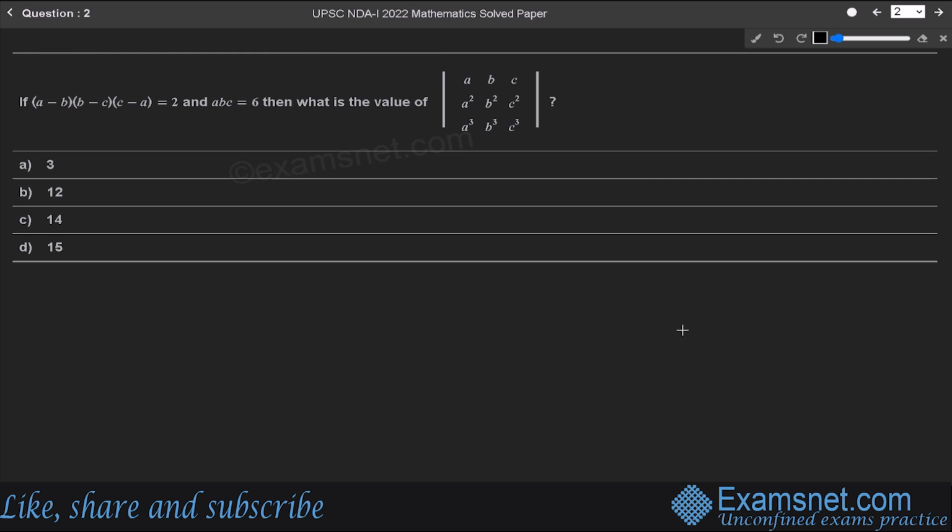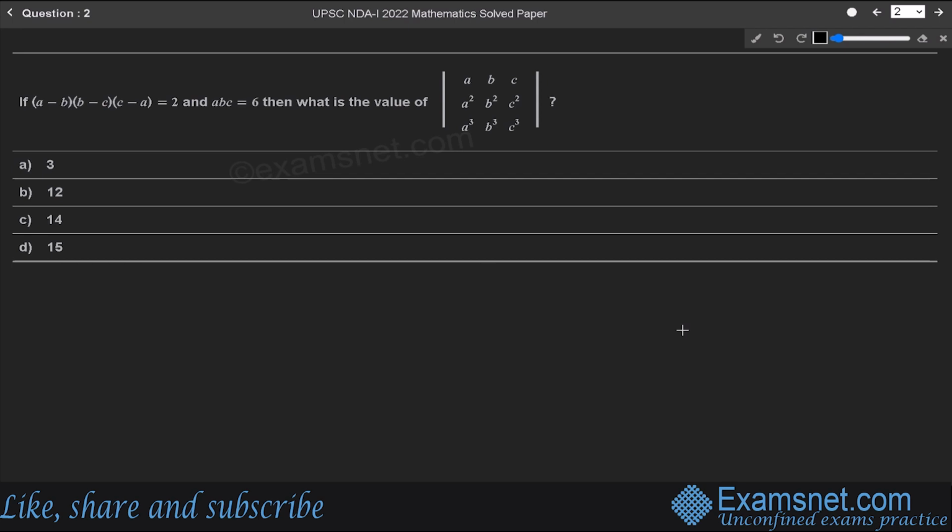Next question is, if A minus B into B minus C into C minus A is equal to 2 and ABC is equal to 6, then what is the value of the determinant ABC, A square, B square, C square, A cube, B cube, C cube?